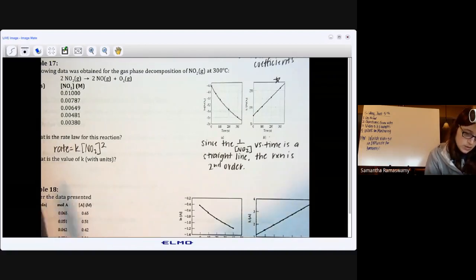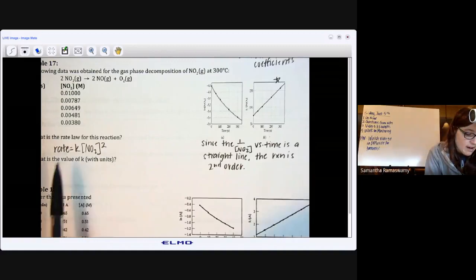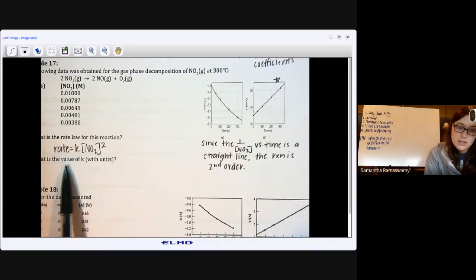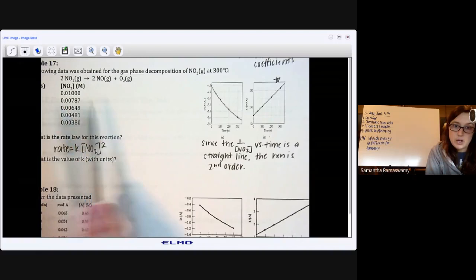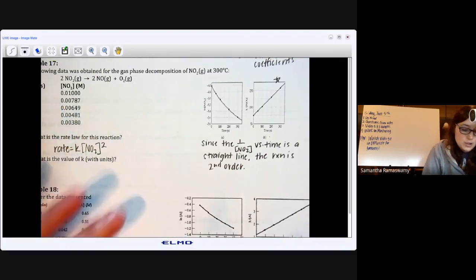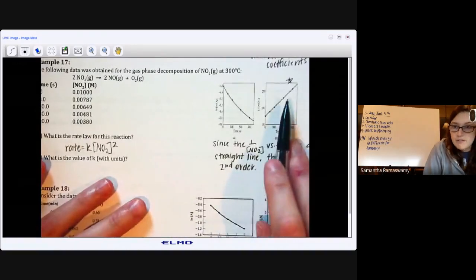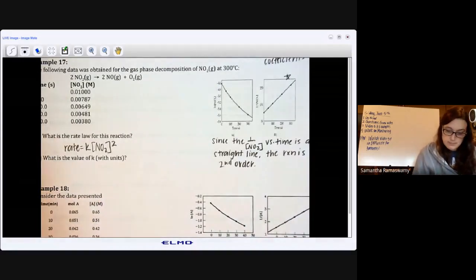Now, part B says, what is the value of K with units? I don't have rate data to plug into the rate law to solve for K like we did before. I don't have rate here. I have time and concentration. But I do know what graph gave us a straight line.